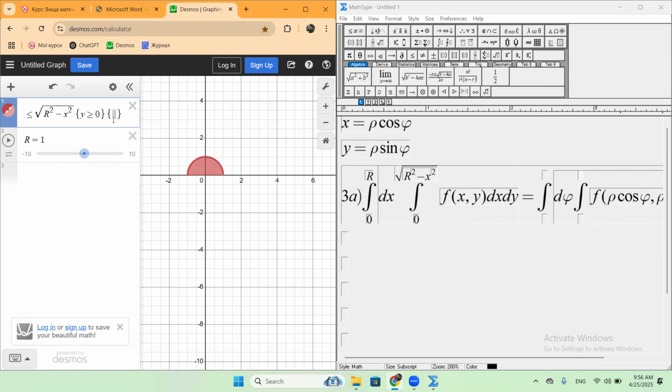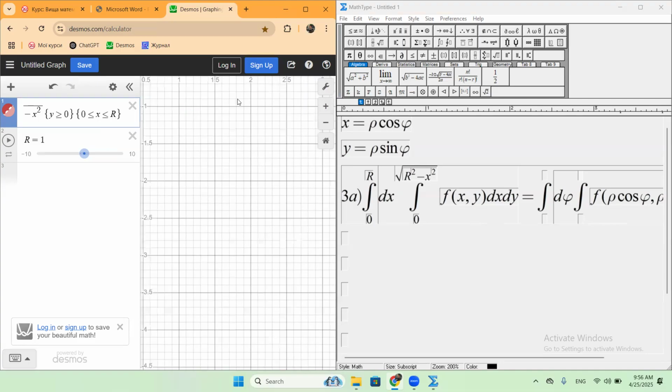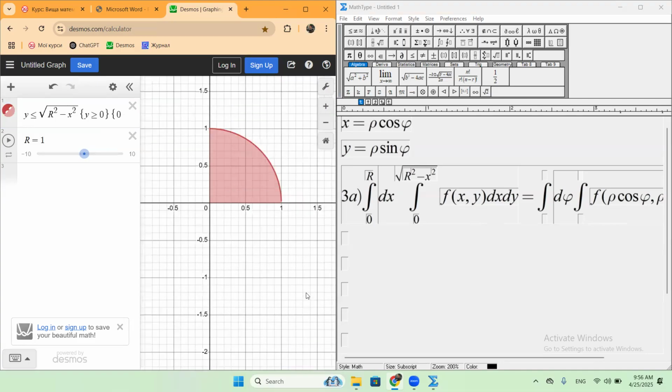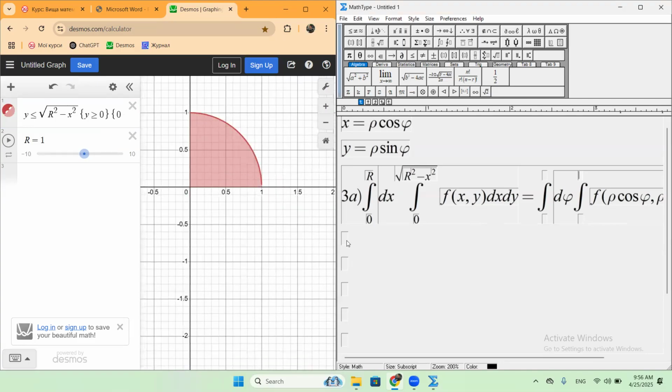And what we also know about x is that x is between 0 and r. So it is the quarter of the circle. So now from this plot we understand that phi changes from 0 to pi over 2 and rho changes from 0 to r.